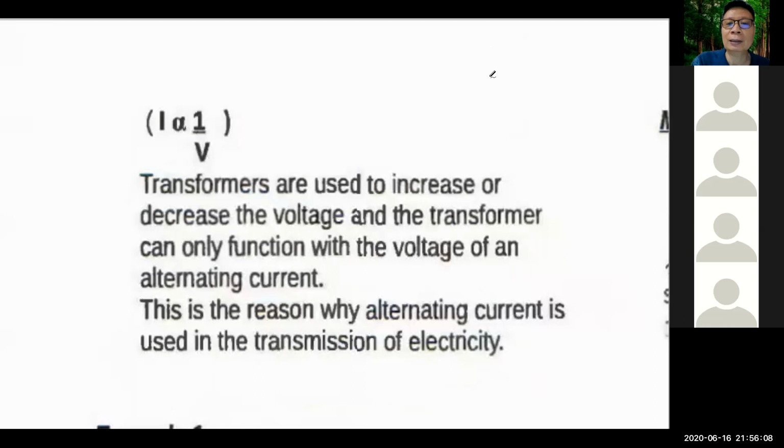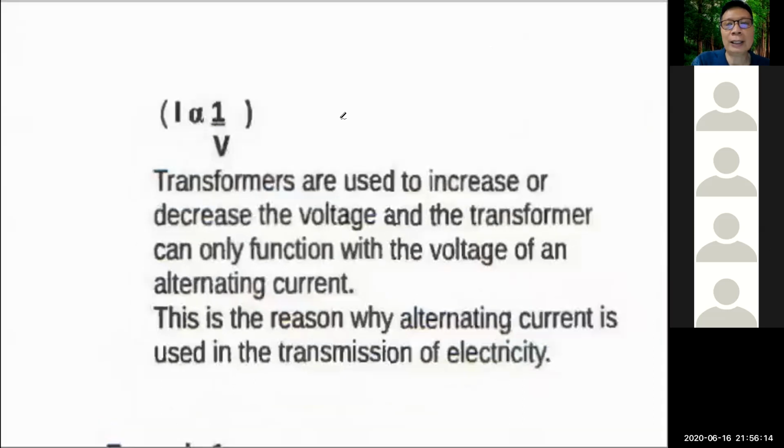So the power station must generate current in alternating current. Only with alternating current can you step up, step down for industry, step down again for light industry, step down again for hospital, step down again for housing area. Only a transformer can do this.